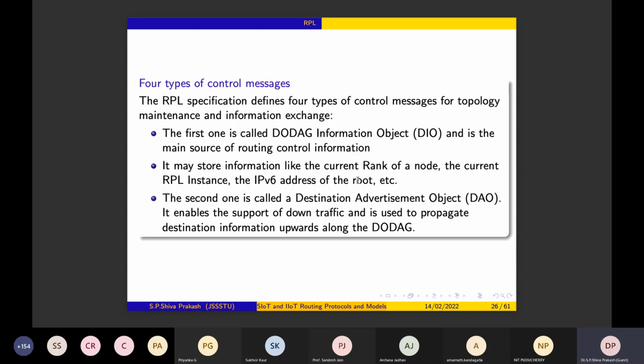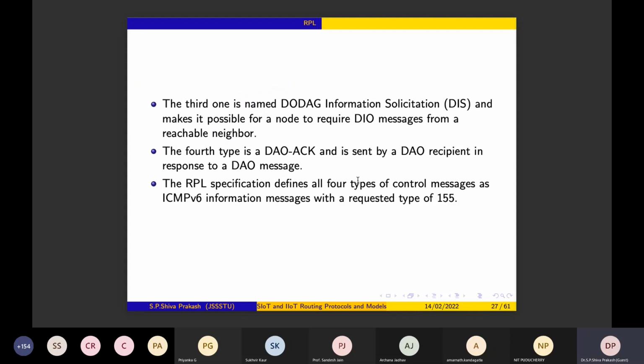The second is the destination advertisement object, DAO, which enables the support of down traffic and is used to propagate destination information upwards along the DODAG. The third is DODAG information solicitation, DIS, which makes it possible for a node to request DIO messages, which is used to find reachability between the neighbor nodes.